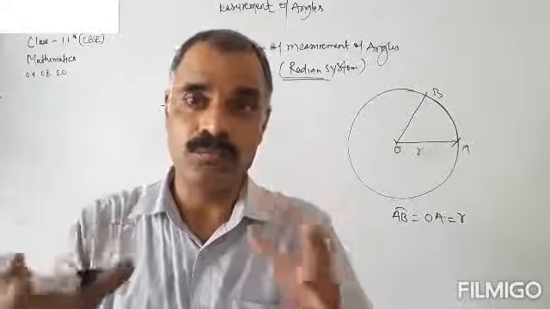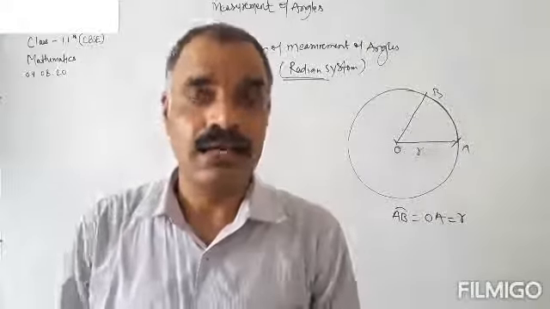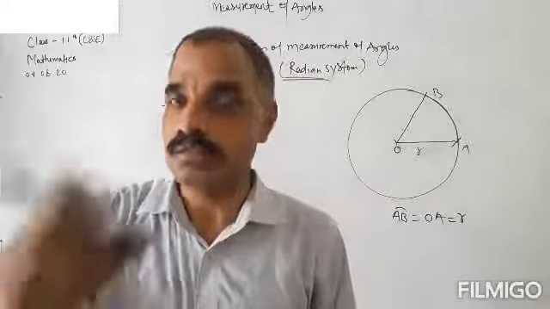Now, how many total radians are there in one complete revolution, one complete rotation?